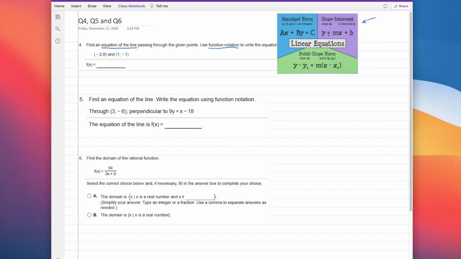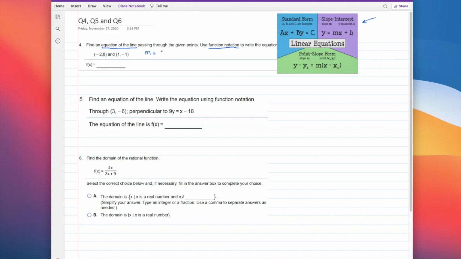Okay, so let's see here. When I have 2 points, I will consider this form here. So I have a point, at least one point, I can choose this one or that one. And I need to find the slope. But to find the slope, when I have 2 points, the slope is the inclination of the line.